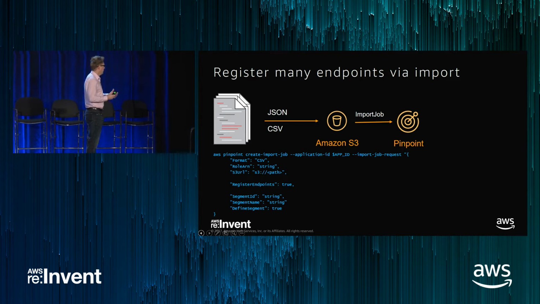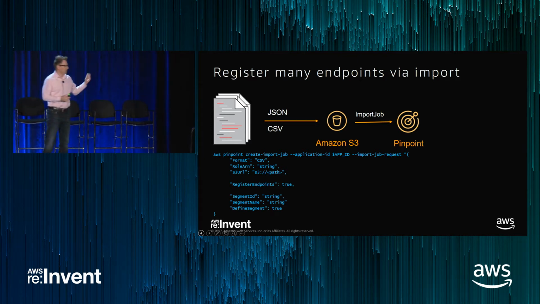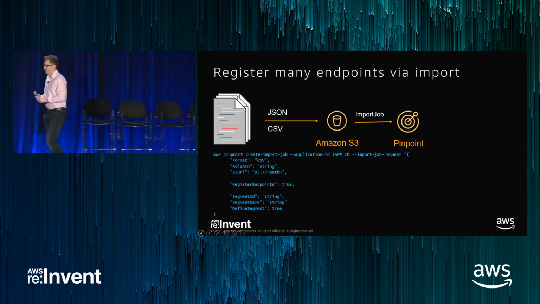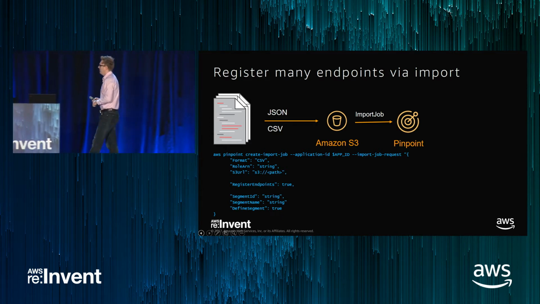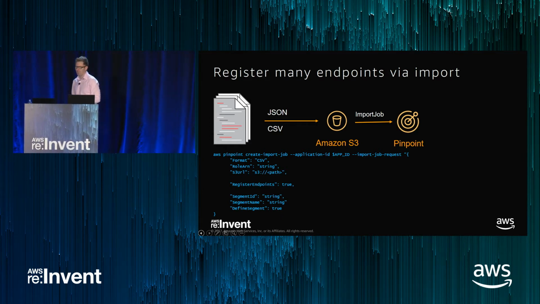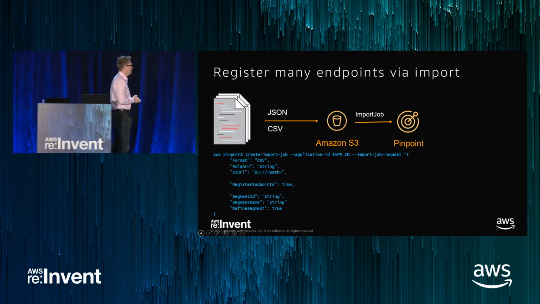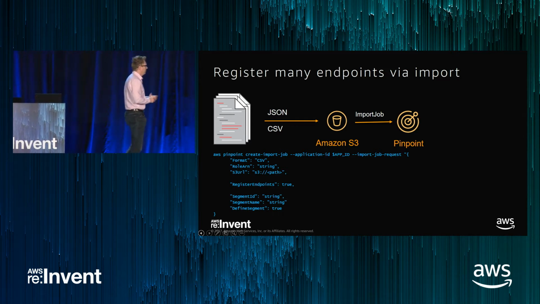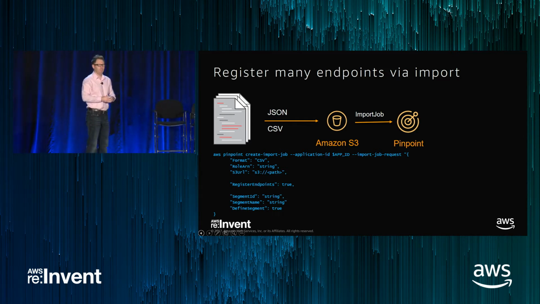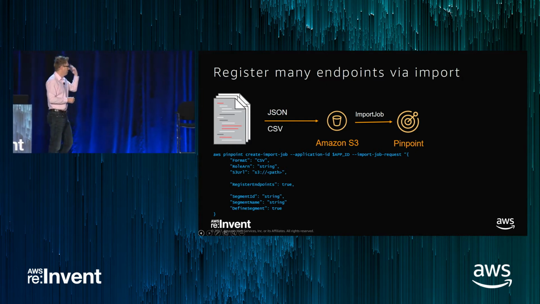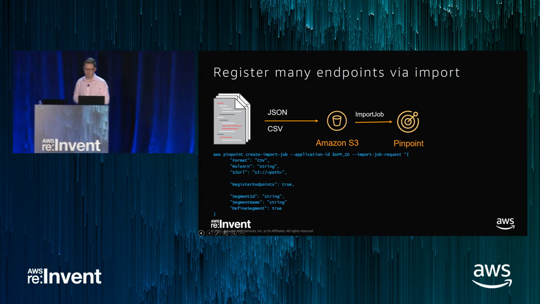So it could be an email list. Pull that list into JSON or CSV format, upload it to S3. Pinpoint has import jobs that can bring those in. Again, from the command line, AWS Pinpoint, create import job, give it the app ID, point it to the S3 bucket that has that CSV file or JSON file, and we'll do the work to upload and import those endpoints for you.